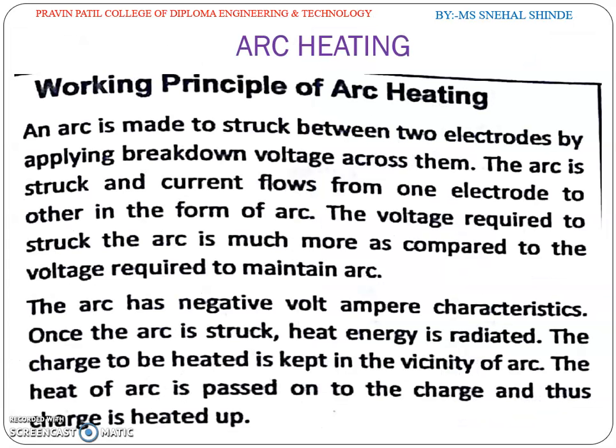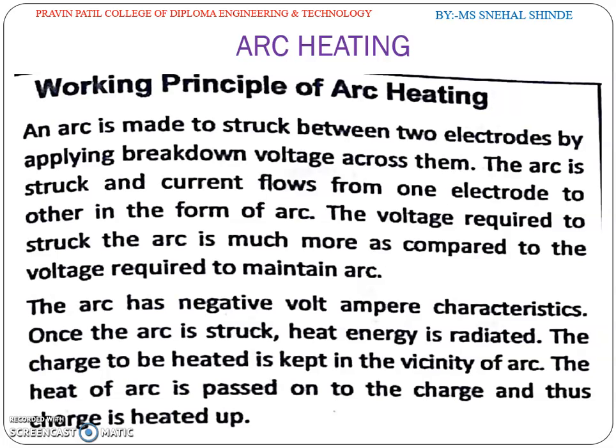Now the next heating is the arc heating. The heat energy of the electric arc is utilized for heating. The working principle of arc heating is that an arc is made to strike between two electrodes by applying breakdown voltage across them.